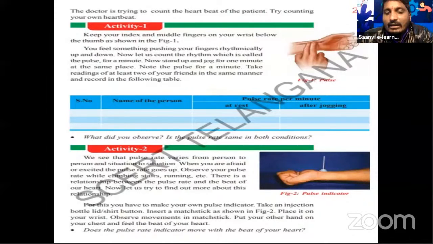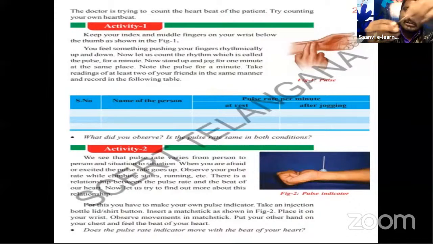For this, you have to make your own pulse indicator. For that pulse indicator, see children, take an injection bottle lid or shutter button. Better to take a shutter button. A glass injection bottle will have one round button-type plastic cap.